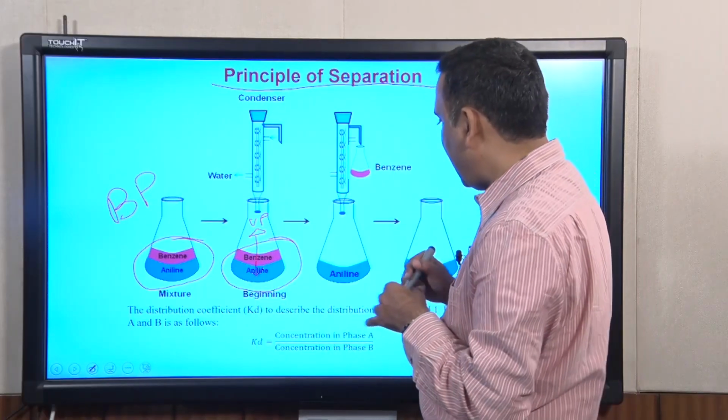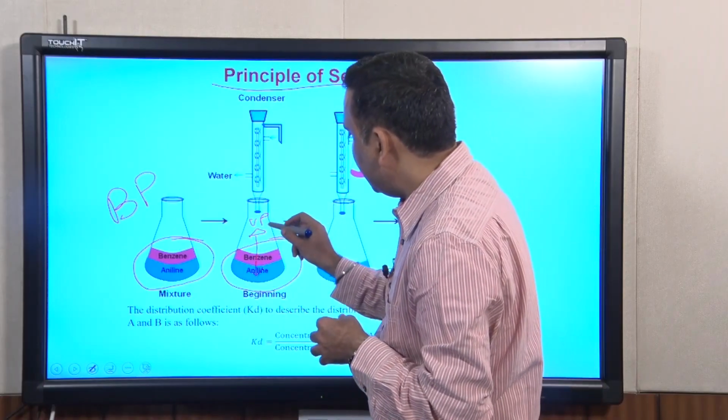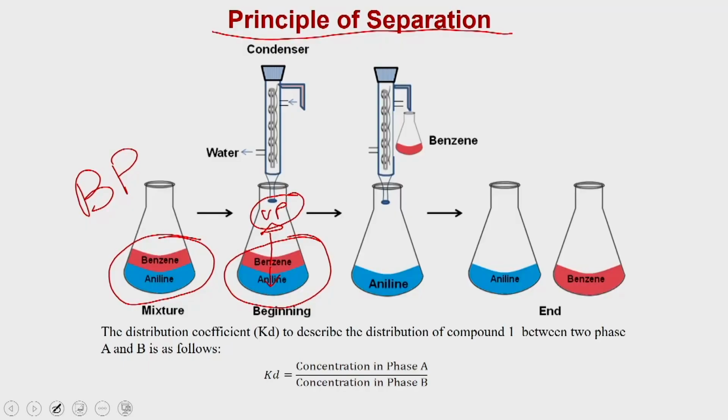So, as a result, the benzene will prefer to be in the vapor phase and it will come into the condenser, and within the condenser it is going to be condensed, and then you can collect the benzene in a separate flask, whereas the aniline is mostly going to remain in the liquid phase as long as you are keeping the temperature up to the boiling point of benzene.